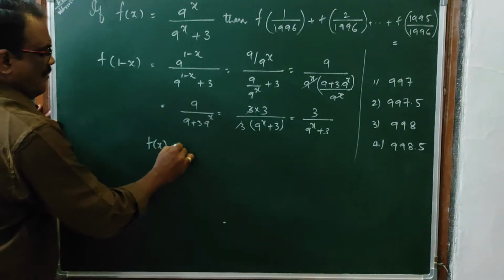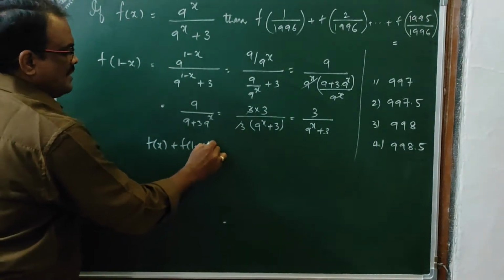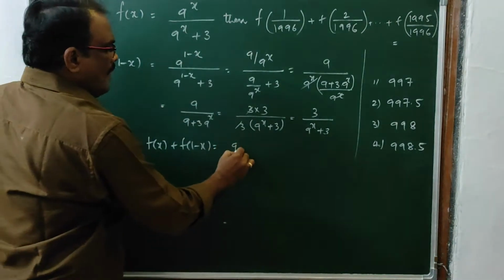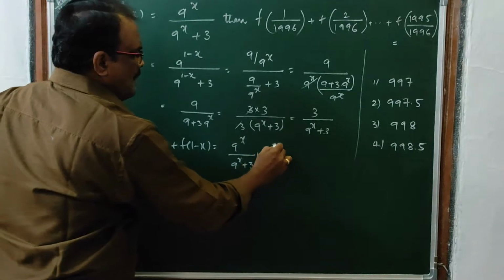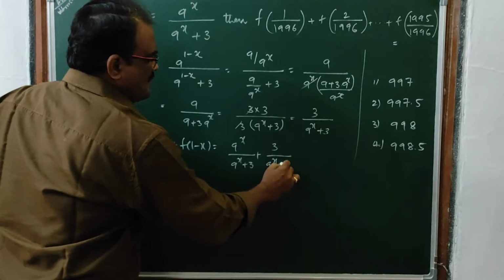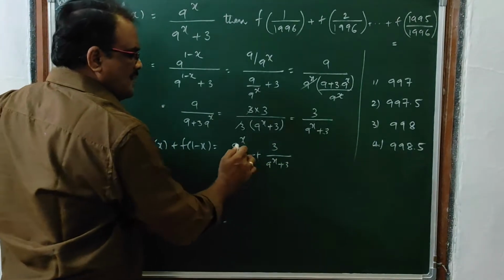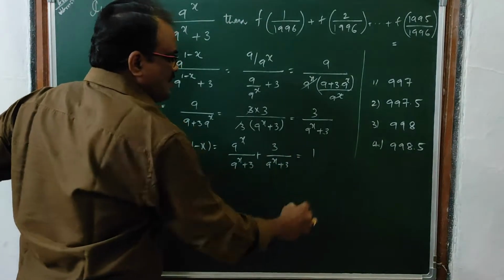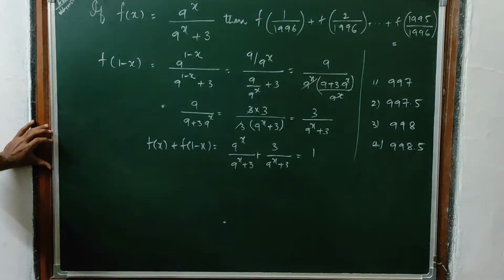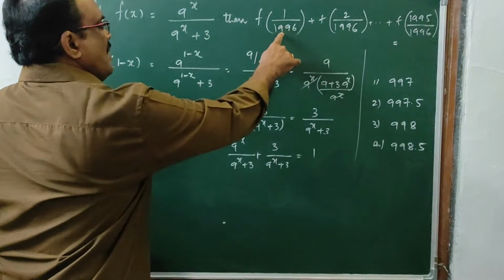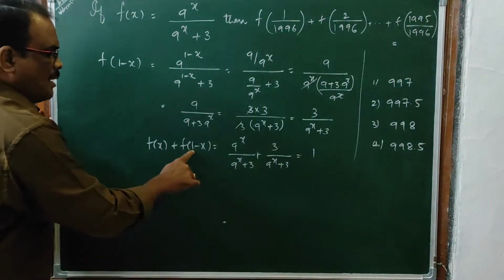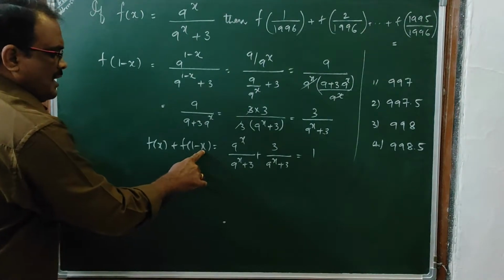So, f of x plus f of 1 minus x is 9 power x by 9 power x plus 3 plus 3 by 9 power x plus 3. See, denominators are same. If you add the numerators, you get 1. So, first you take 1 by 1996 and put 1 by 1996 here.